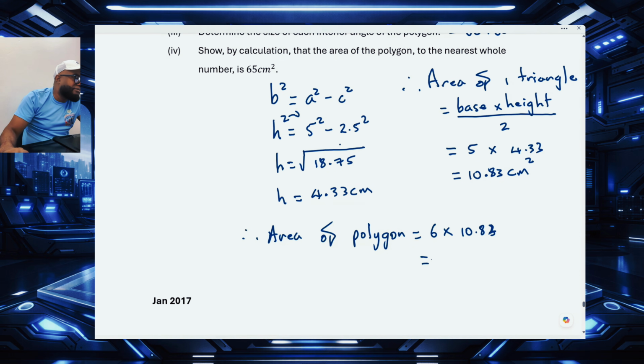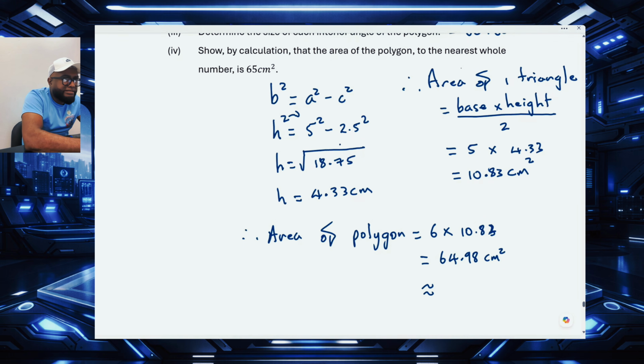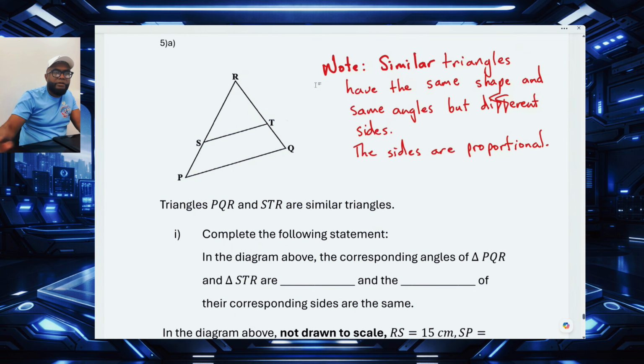And what is it equal to? 64.98 centimeters squared. But this is very important, to the nearest whole number, right? So it will be approximately equal to 65 centimeters squared. Right, so parallel box to indicate that it was shown.